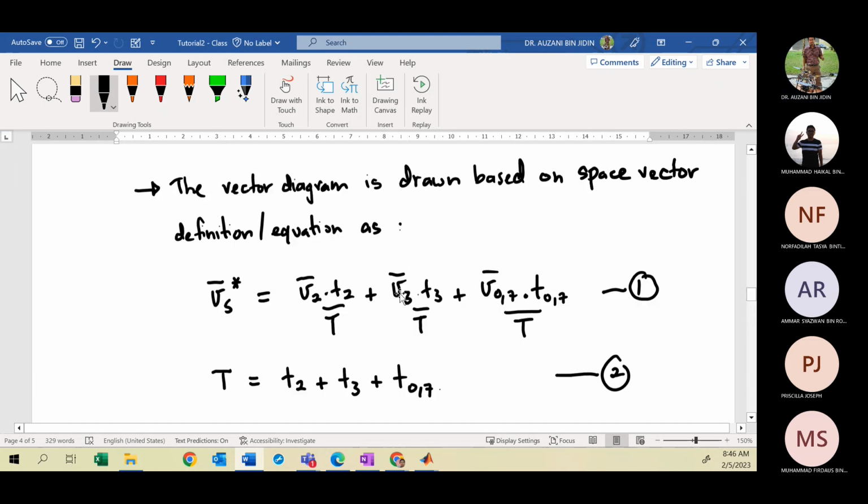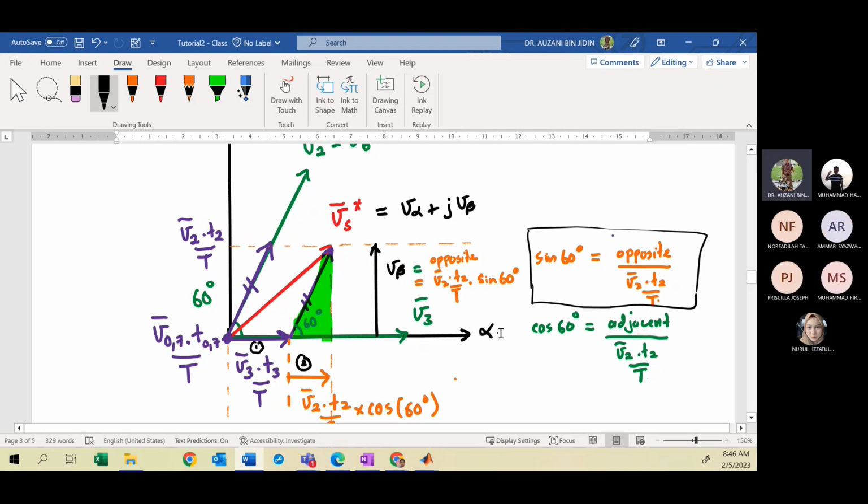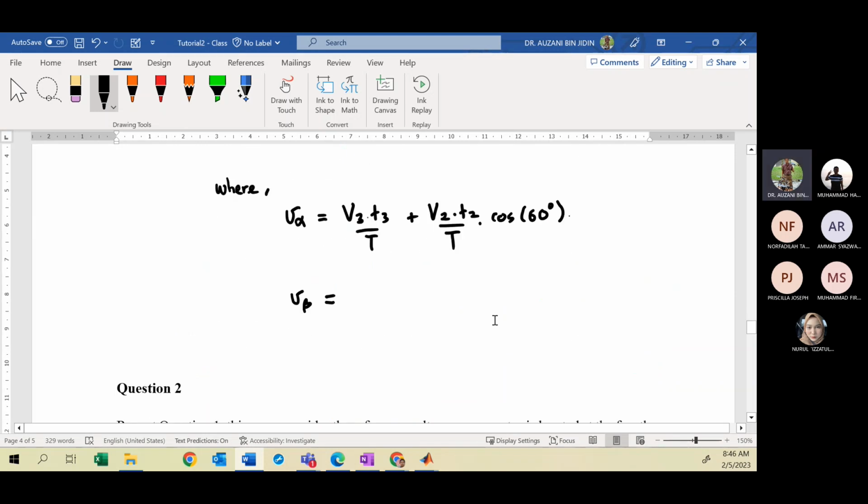V beta. So we have already obtained the equation based on using this function, right? So V beta is the opposite side of the triangle. So your V beta is V2 multiplied by its ratio T2 per T and multiplied by sine 60. Okay, so here V beta is V2, you write in capital letter, V2 T2 per T sine 60 degrees.